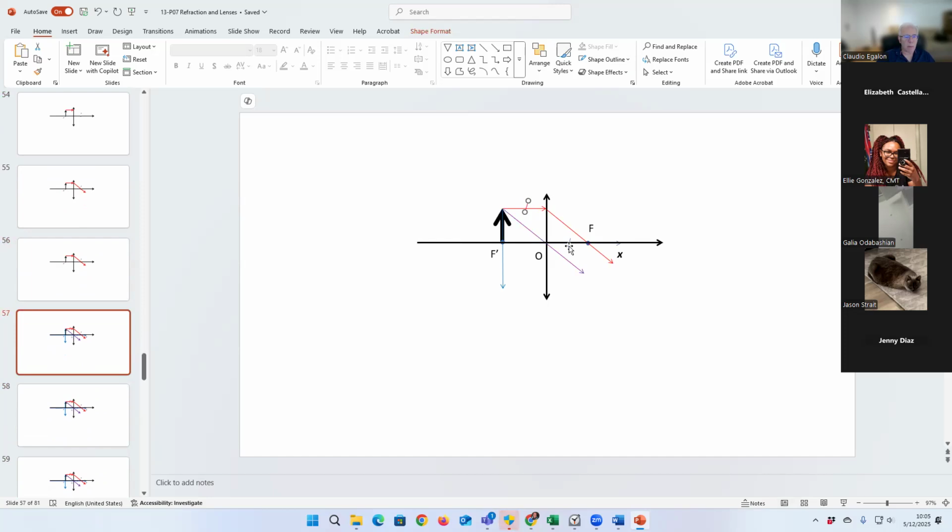Because we form a parallelogram right here. The length of this side is equal to the length of this side.